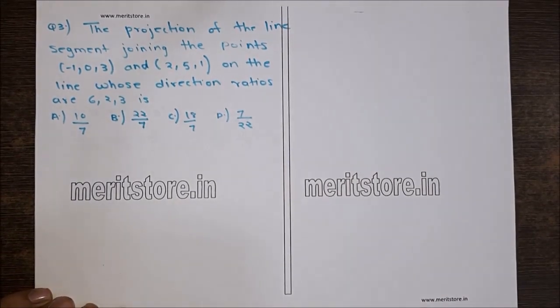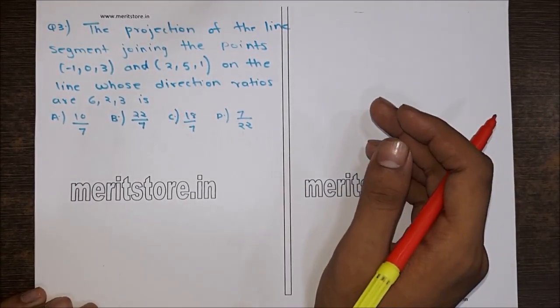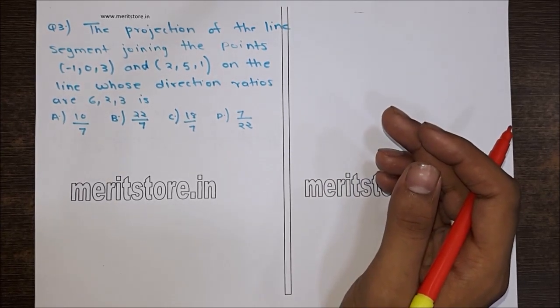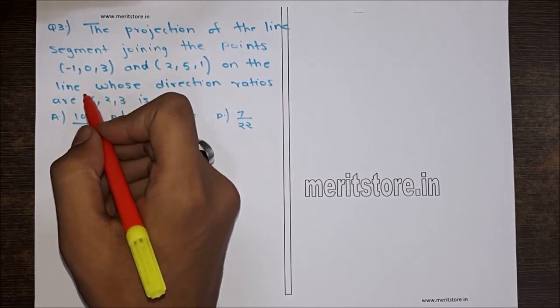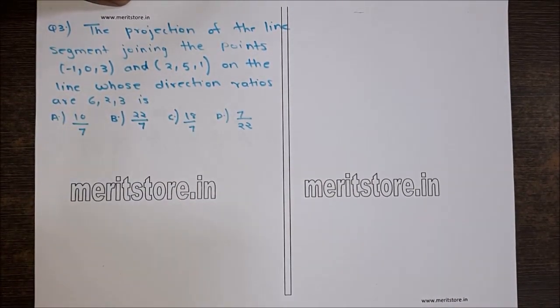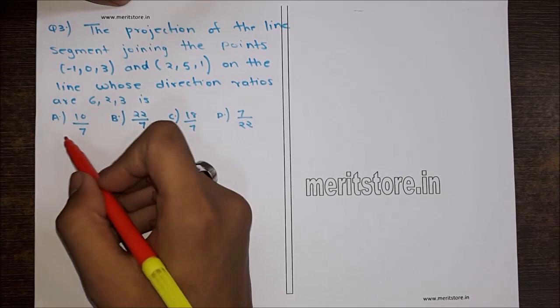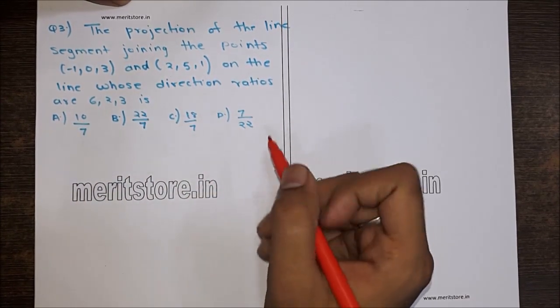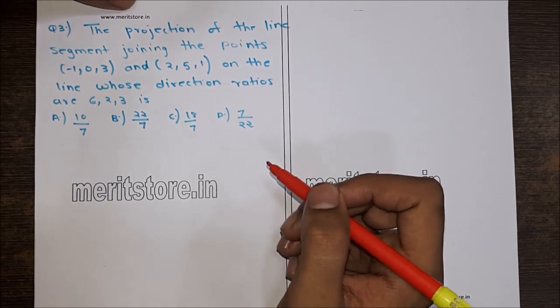Question number 3. The projection of the line segment joining the points minus 1, 0, 3 and 2, 5, 1 on the line whose direction ratios are 6, 2, 3 is: option A 10 by 7, option B 22 by 7, option C 18 by 7, option D 7 by 22.